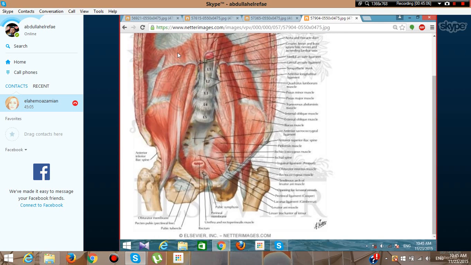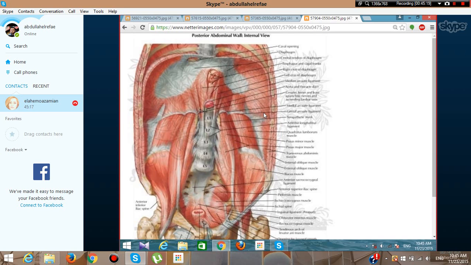Superiorly, we have diaphragm. And which fascia do we have in the cavity, which covers diaphragm and everywhere here? Endo-abdominal fascia. When it is here, it's called transversalis fascia. When it covers diaphragm, it's called diaphragmatic fascia.